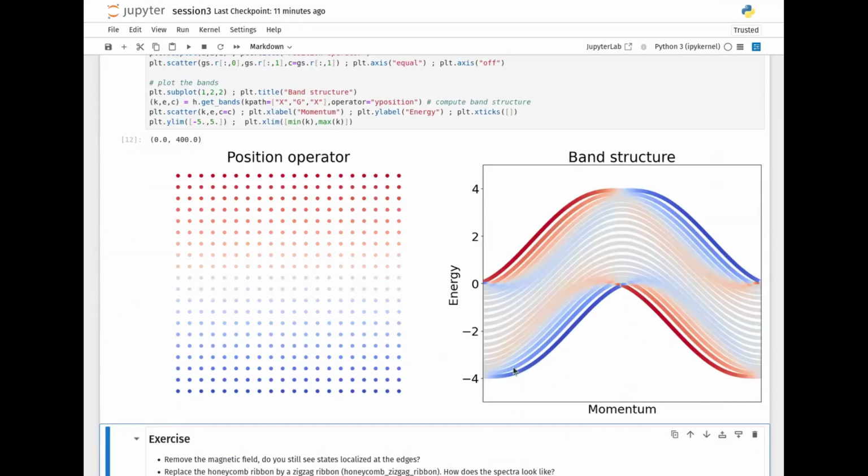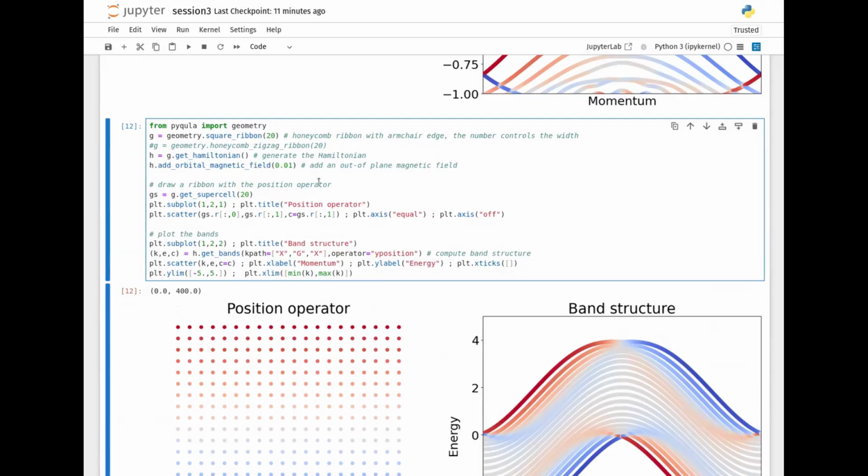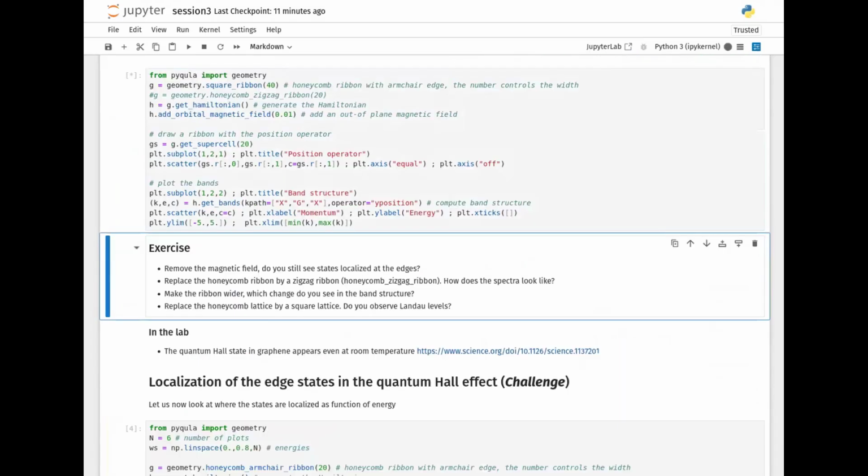And so you see that now we have a certain set of states that seem to be propagating towards the right, another set of states that seem to be propagating towards the left, and at the top of the band, the role gets inverted. And you can see this more clearly if you increase the width of the ribbon.